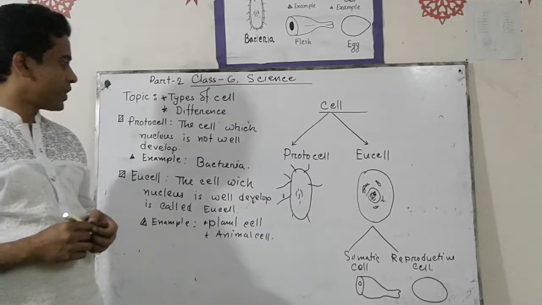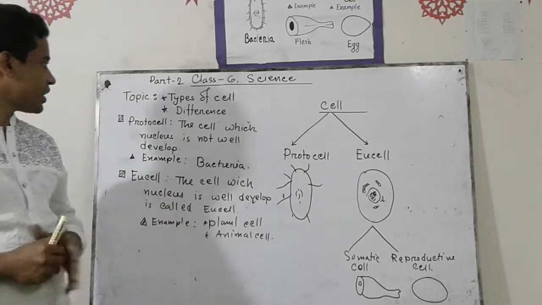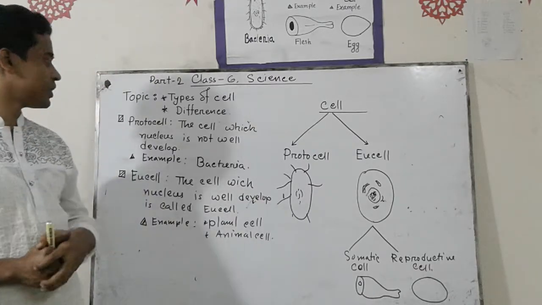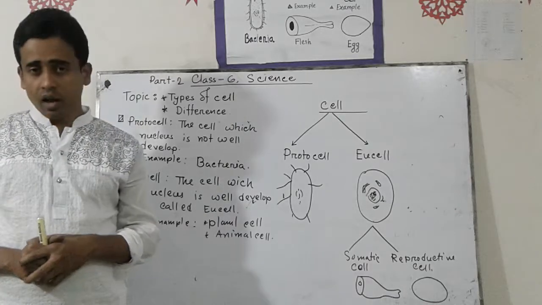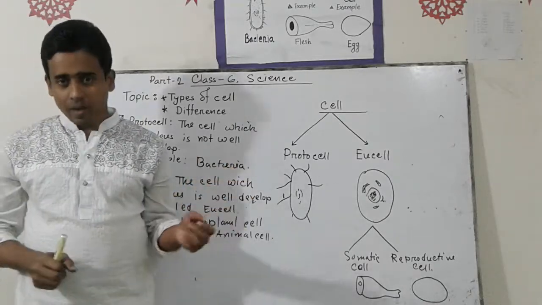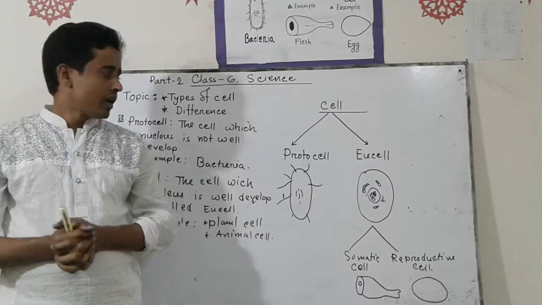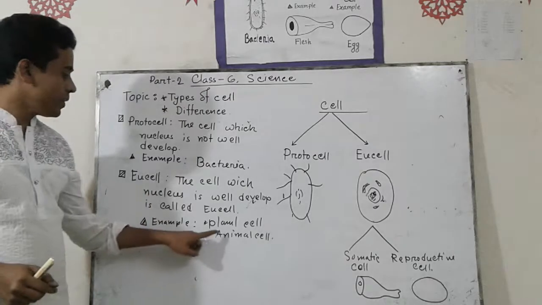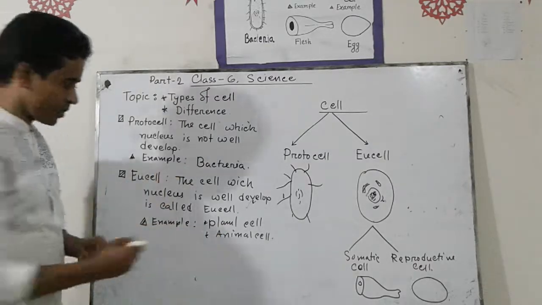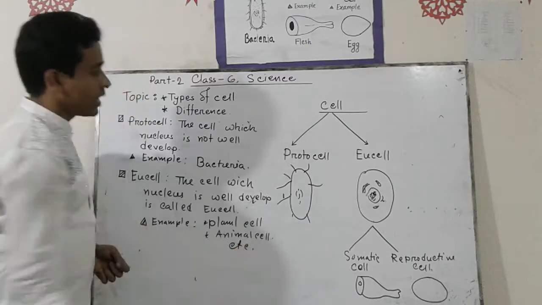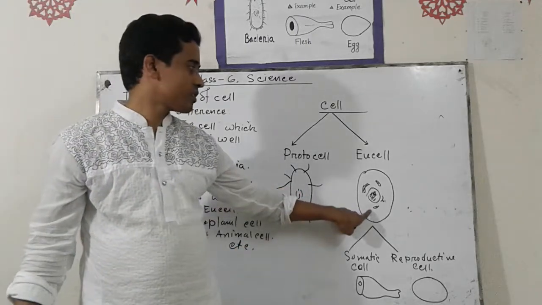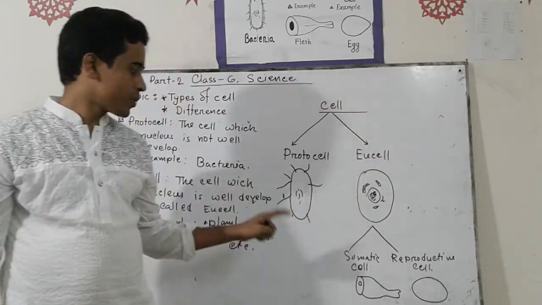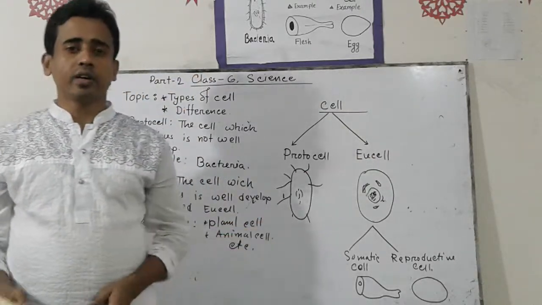Then the difference, I think you got the idea. Protocell, the cell whose nucleus is not well developed, and eucell, the cell whose nucleus is well developed. As an example, protocell will be bacteria, and eucell will be plant cell, animal cell, etc. And again, depending on their functions, eucell divides into two types: somatic cell and reproductive cell.